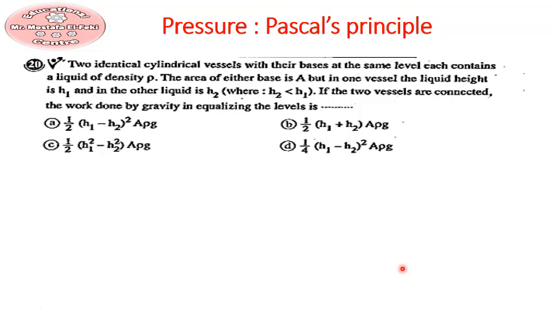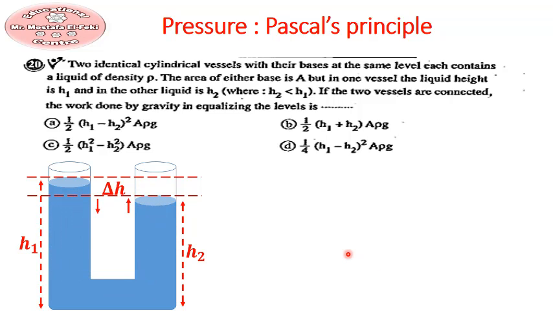Let's see the diagram. These are the two cylinders. One of them is higher than the other by delta H. H1 is more than H2, or H2 is less than H1.